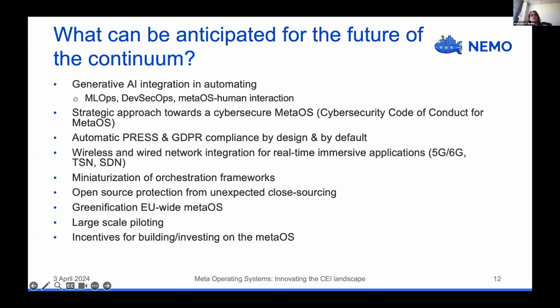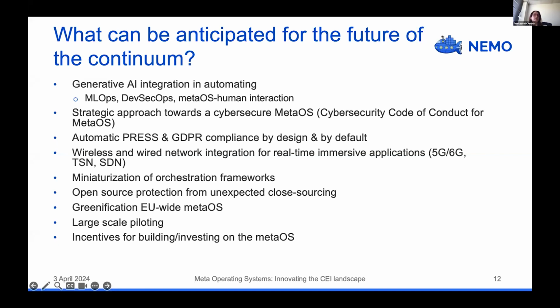And this smart, intelligent orchestration of all available resources across providers, across countries, and so on. The network integration part is quite important. We have seen again a fragmented development so far.